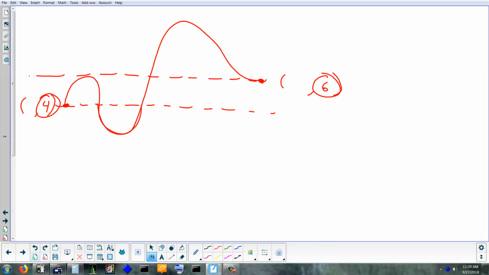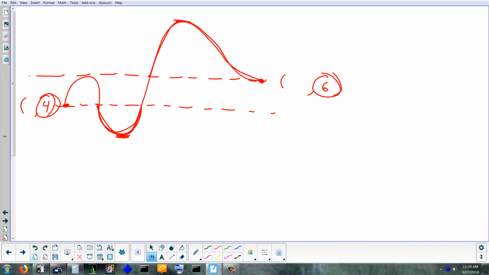You might go through even more. Like this graph dipped down lower, and it dipped up even higher. So maybe you go through values as high as 12 and as low as 0. We didn't check for that, but that could happen.